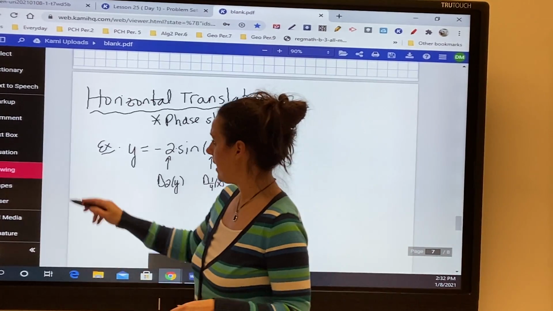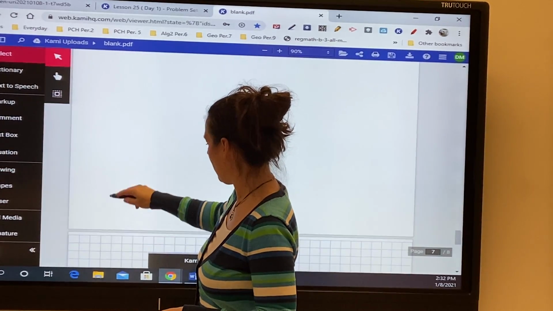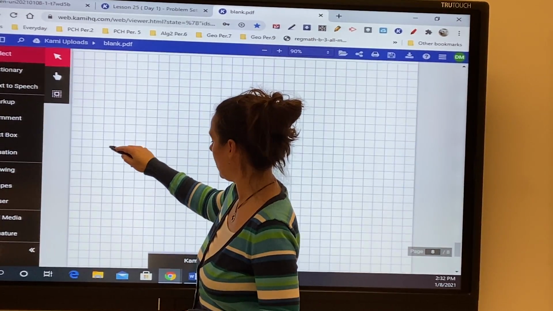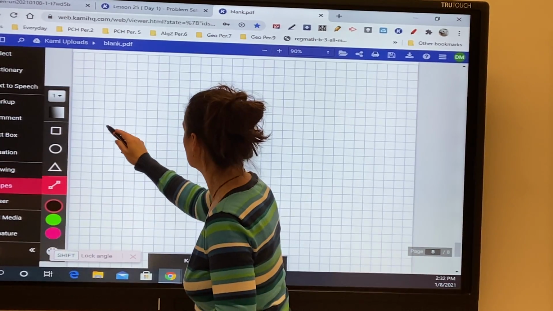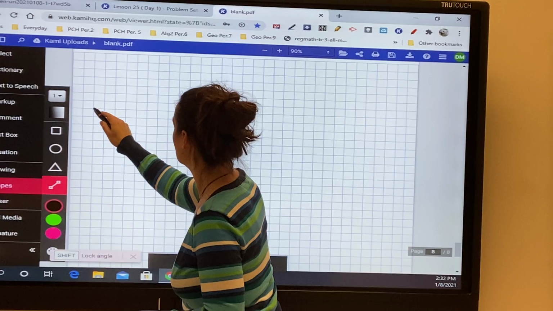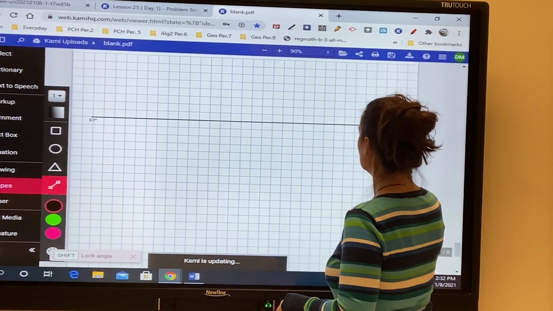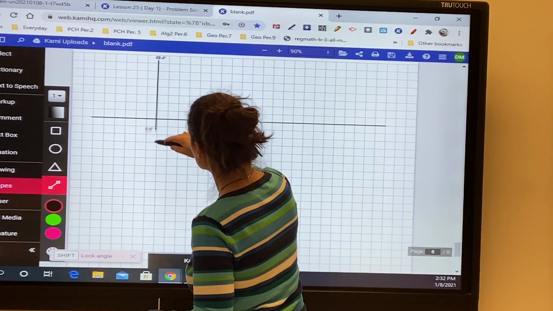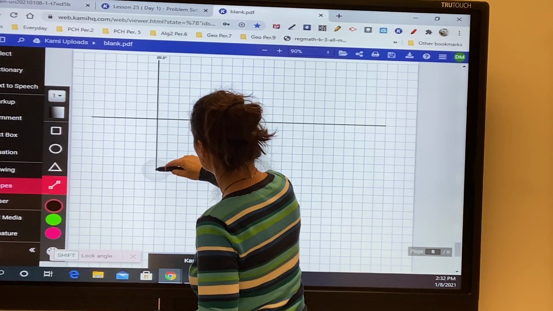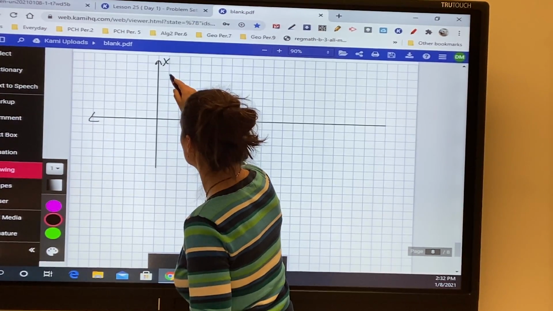Okay, so right away I'm going to get going with making this graph right here. Get my x-axis going, the y-axis going right here.